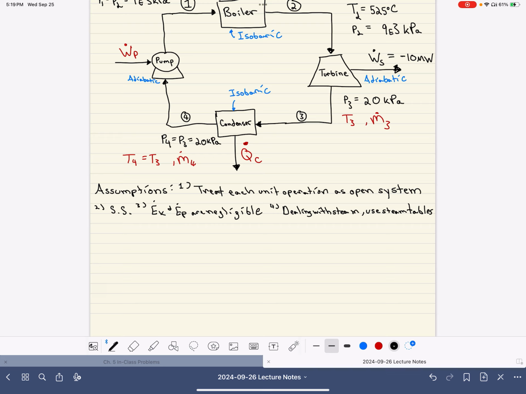All right. As far as other assumptions, I'll list them out here. So once again, with the turbine and the pump, we assume that they are adiabatic. No heat leaves them. So Q dot is equal to 0. And for the boiler and condenser, those are going to be isobaric.